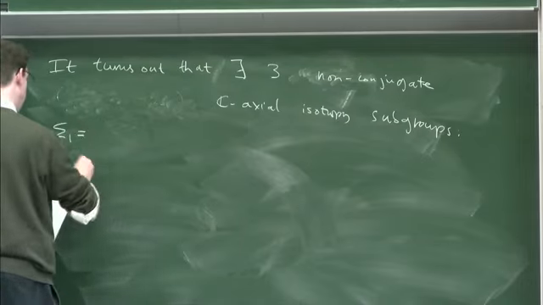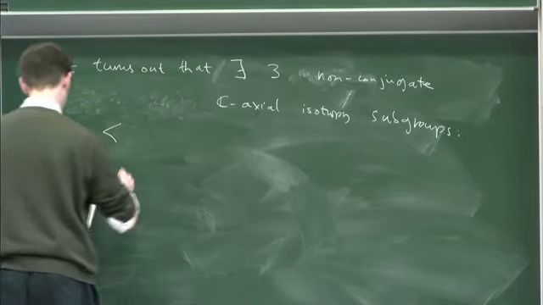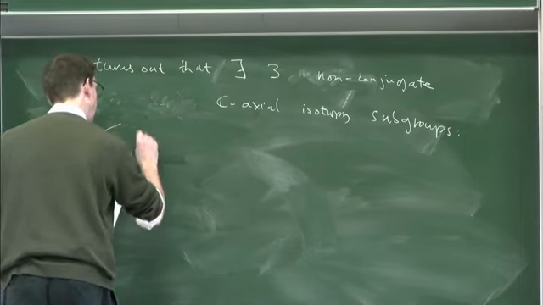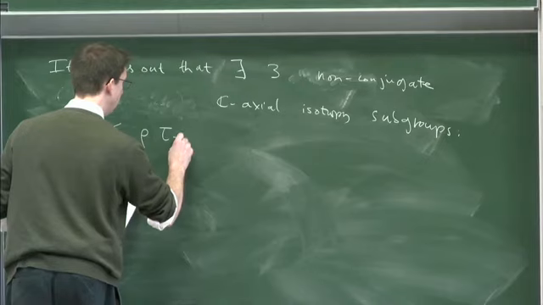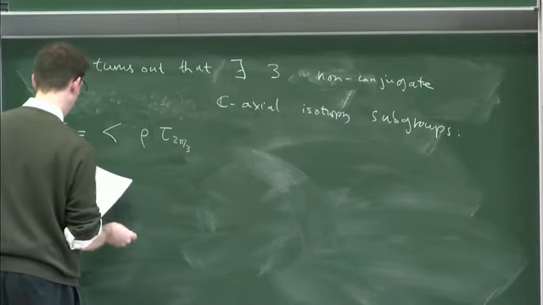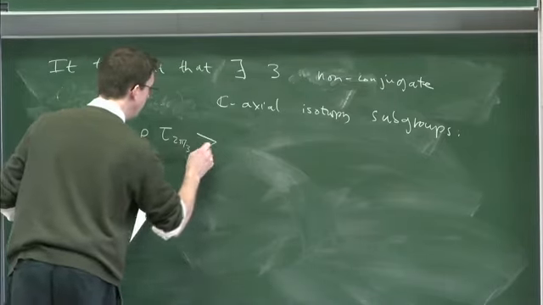There's an isotropy subgroup which is the group generated by the composition of a time translation of 2 pi by 3 and a rotation.